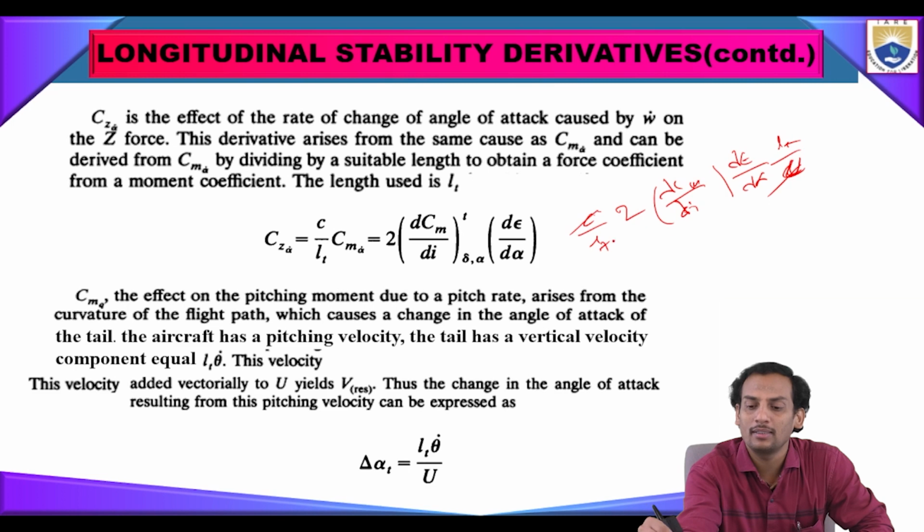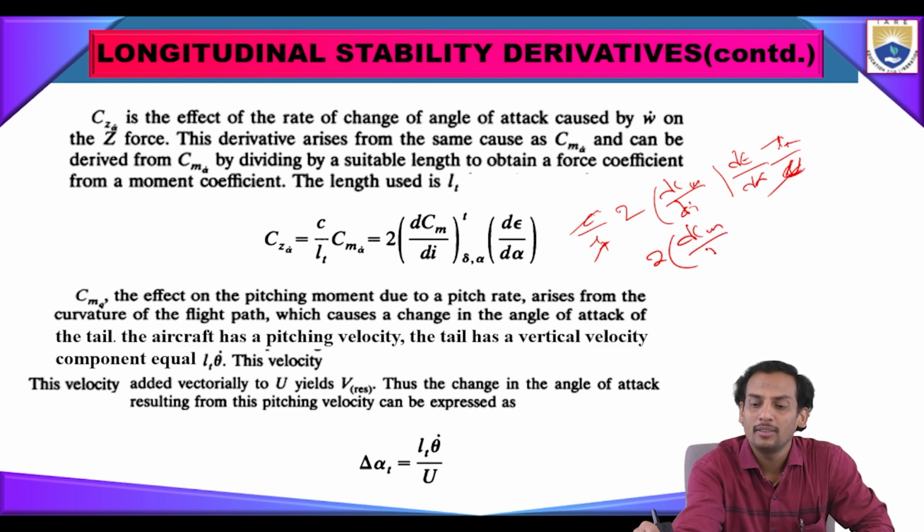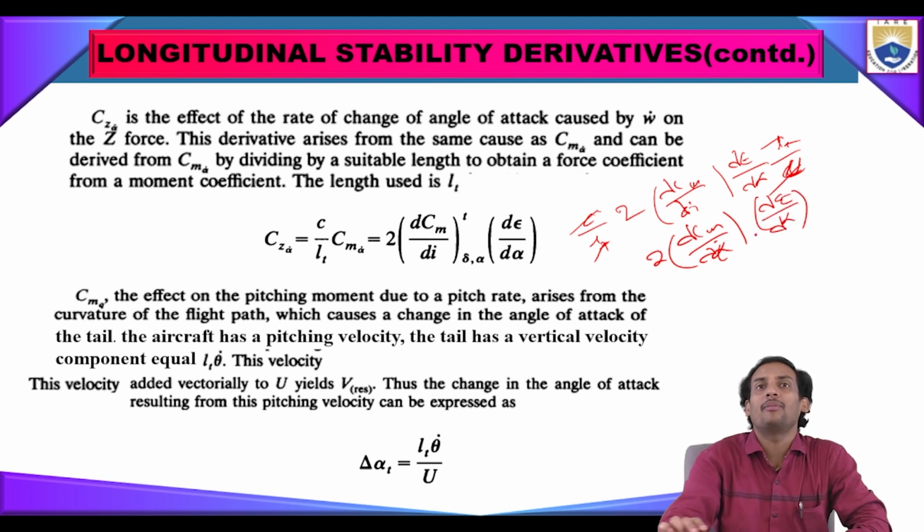So this c gets cancelled and lt gets cancelled. So the leftover term will be 2 into dCm by d-eye-t into d epsilon by d alpha. So these are the leftover terms.